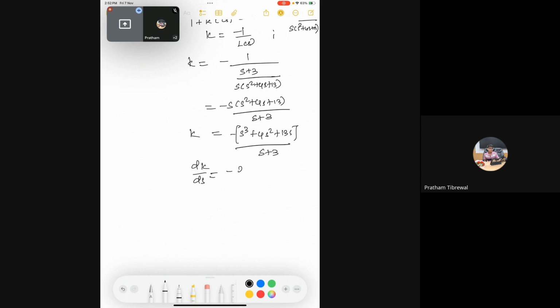Equating this will give me (2s square plus 8s plus 13) divided by (s plus 3). I have to use the u by v rule for this, because s is there in both, right? The differentiation of u by v will give me (s plus 3) into the derivative of the numerator.